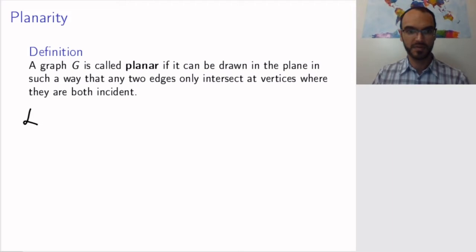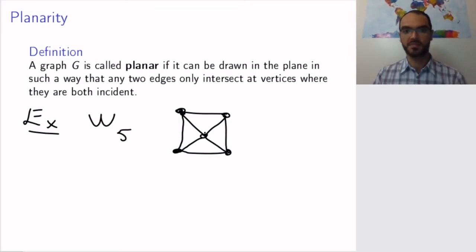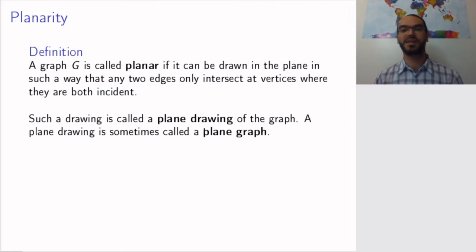So one example is the graph W5, so the wheel graph with 5 vertices. Here already, as I have drawn it, there are no intersections except at the vertices. So any drawing of a planar graph where there are no crossings is called a plane drawing of the graph. Sometimes it's also called a plane graph.